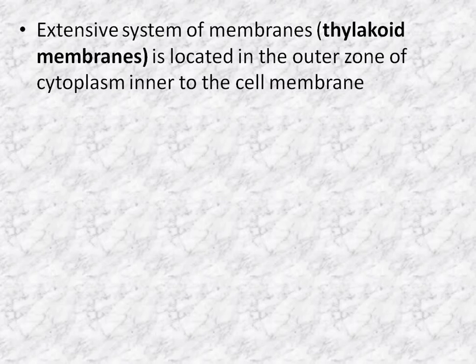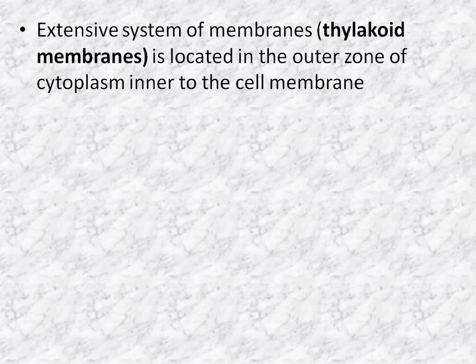And cyanobacteria is different from bacteria or eukarya because they have thylakoid-like membranes which are present in the outer region of the cytoplasm just inside the cell membrane. Remember thylakoid? Thylakoids are the structures that make up the granum, and the thylakoid membrane is the site where chlorophyll molecules are attached and where photosynthesis occurs.